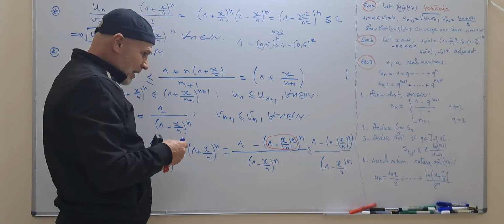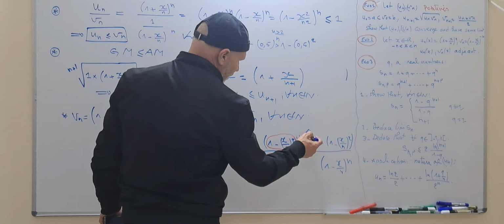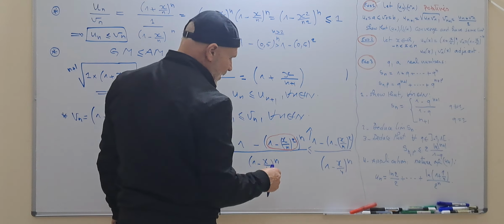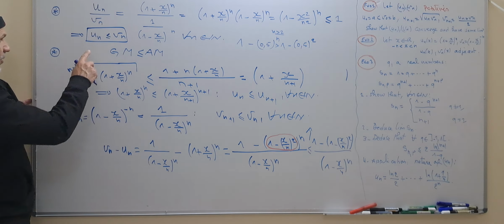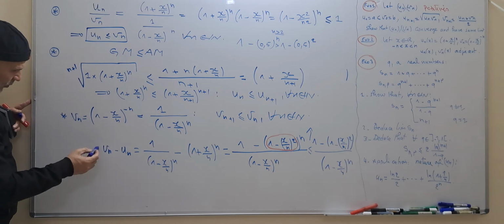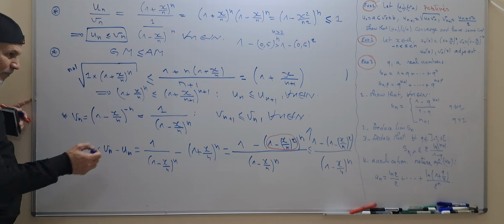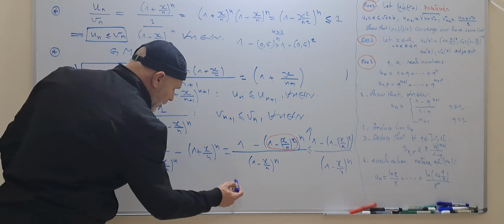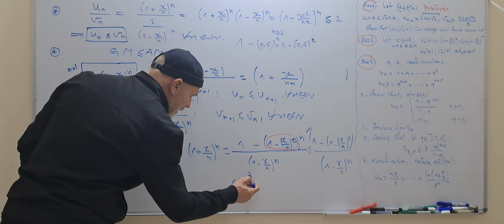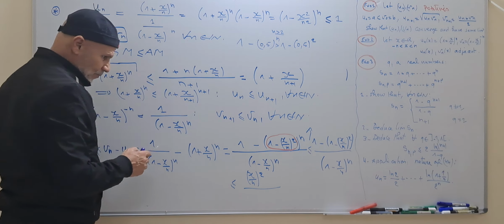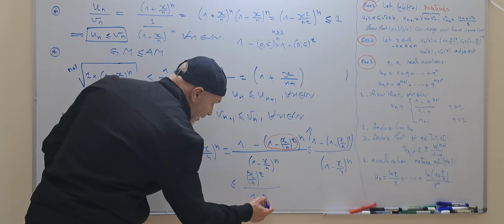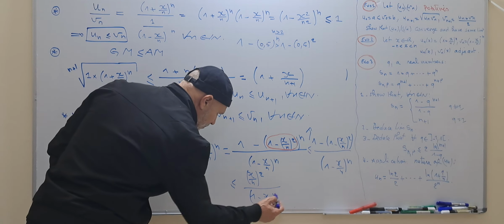I recommend that you check this inequality once and twice to understand the trick. But since un is less than or equal to Vn, this is positive, and is less than or equal to (x/n^2) divided by (1 - x/n)^n.